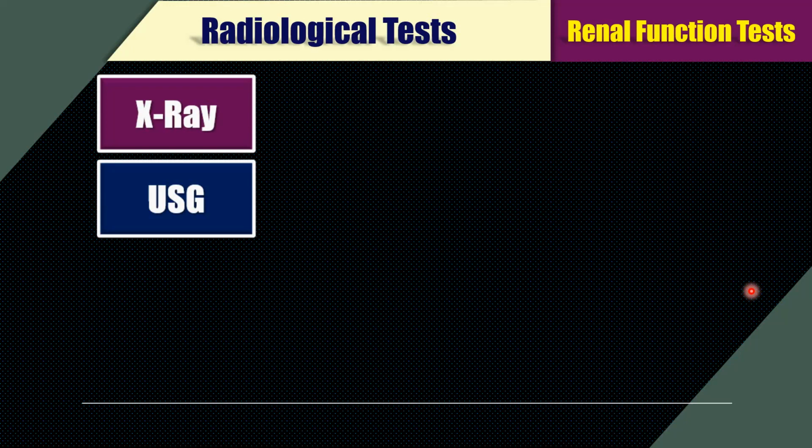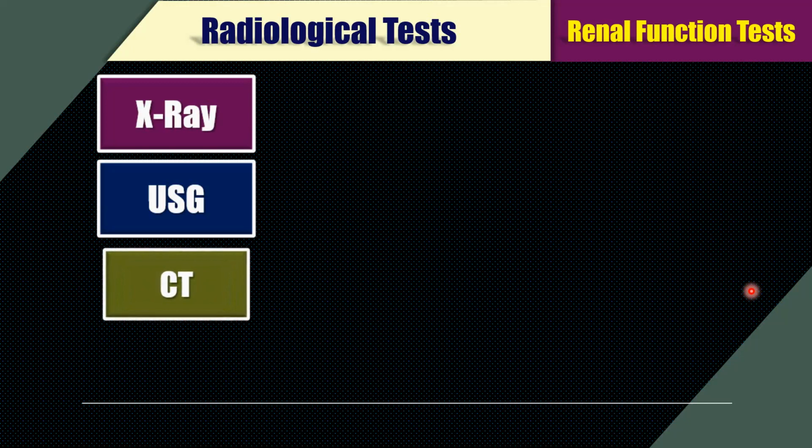A modification of USG, Doppler ultrasonography, could be used to assess renal vessel patency. The next imaging technique is computed tomography, popularly known as CT, which is somewhat invasive, produces a little amount of radiation but is helpful in staging various malignancies. It is also useful for visualizing arteries.